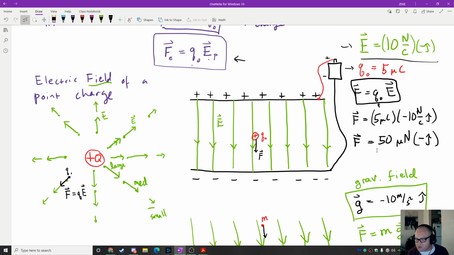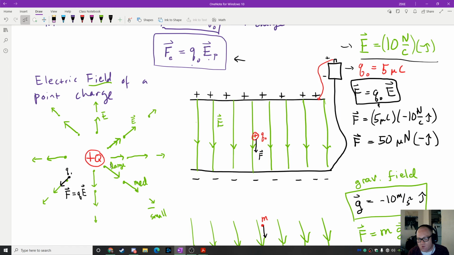There's two different methods of solving the same type of problem. With the electric field and the electric force, in certain problems you're going to want to use the electric field, and in certain problems you're going to want to use the electric force. And I'm just going to say now that the electric field itself is very fundamental to electricity, and understanding how it works and being able to demystify it for yourself is really important in this class. So I'm going to just roughly go back through what we said again.